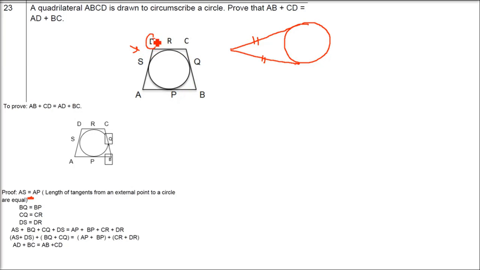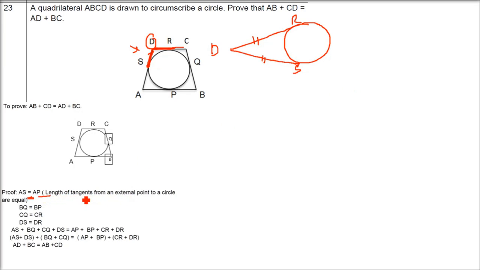So let us see here. DR and DS are the tangents. So DR will be equal to DS.